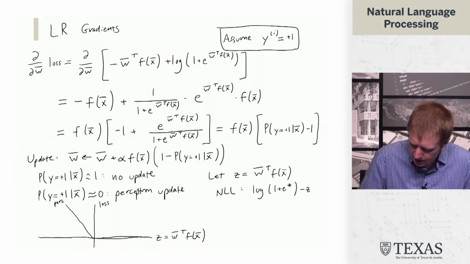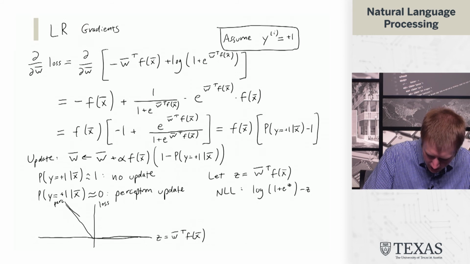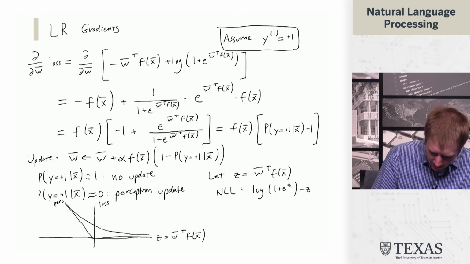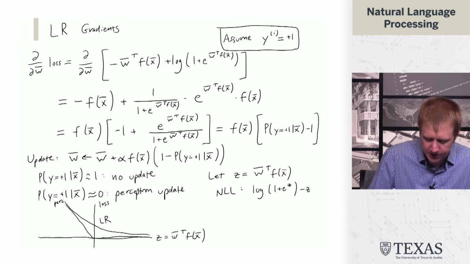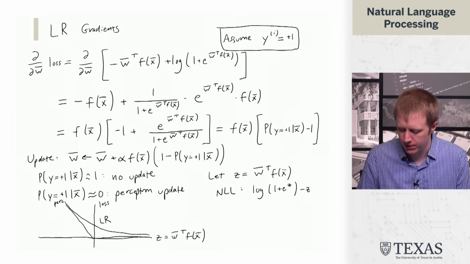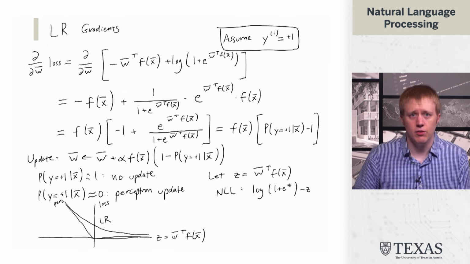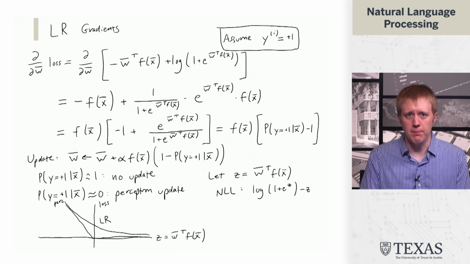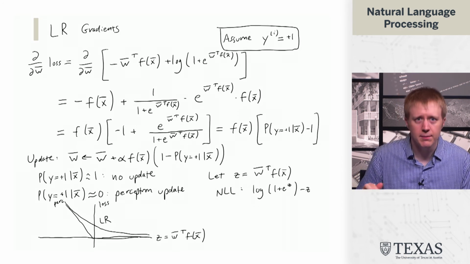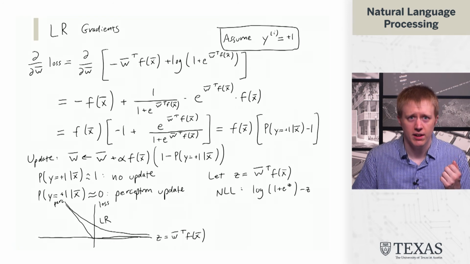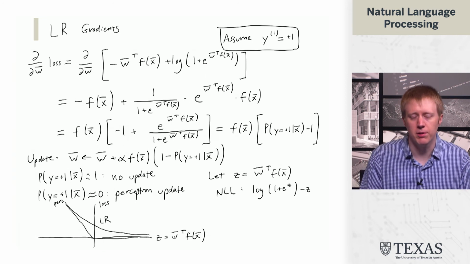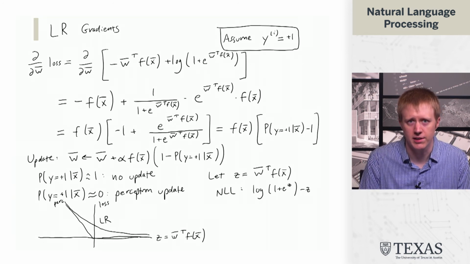And it turns out if you plot this thing, you end up with something that looks like this. And this is the loss for logistic regression. What you should be able to convince yourself of is that in the limits, as this z term gets very large negative or very large positive, you end up with something very similar to the perceptron loss.